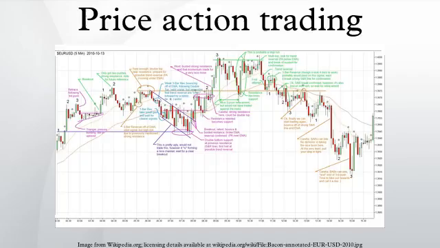ISBN 978-0-471-02051-6. Edwards, Robert D. McGee, John. Technical Analysis of Stock Trends. Springfield, Massachusetts, USA, Stock Trends Service. Pages 505. ISBN 1-880,408-00-7. Taleb, Nassim Nicholas. Fooled by Randomness, The Hidden Role of Chance in Life and in the Markets.